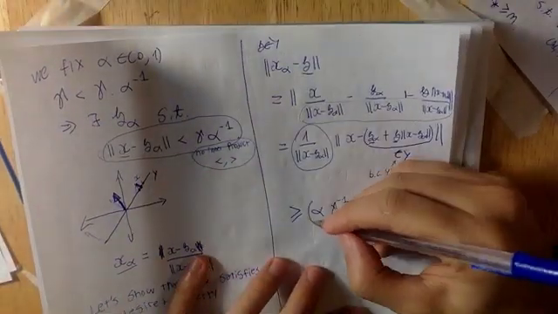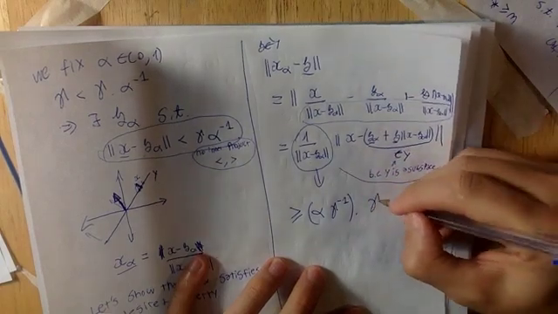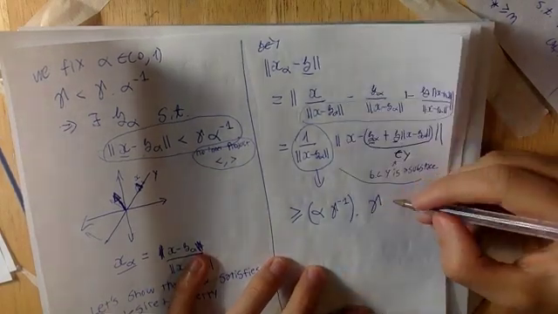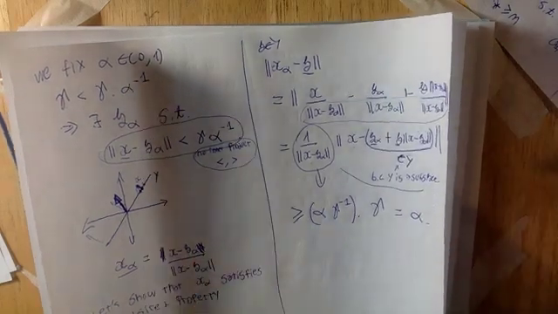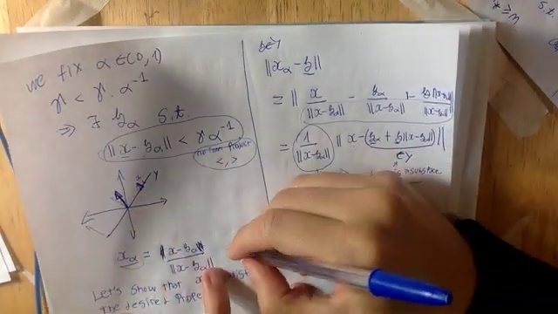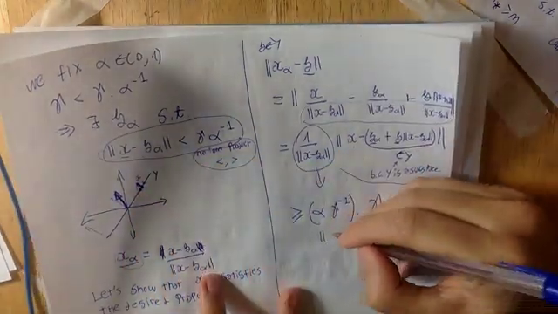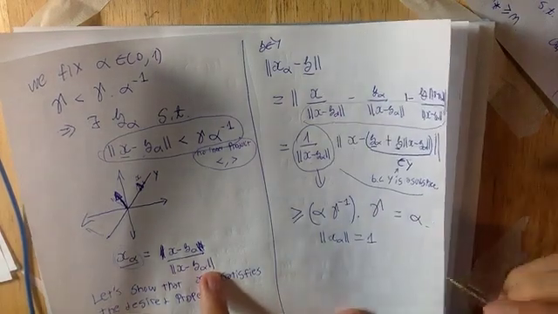So here we have this guy becomes this, and this guy is bigger or equal than gamma. So in particular, this is equal to alpha. Okay, and this guy x alpha belongs to the unit sphere. X alpha in norm is equal to 1.